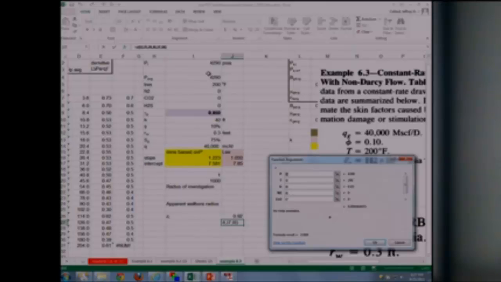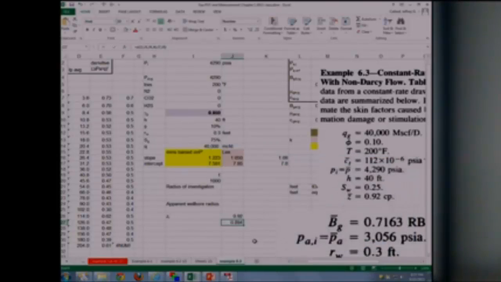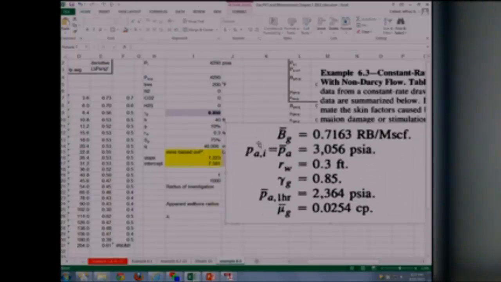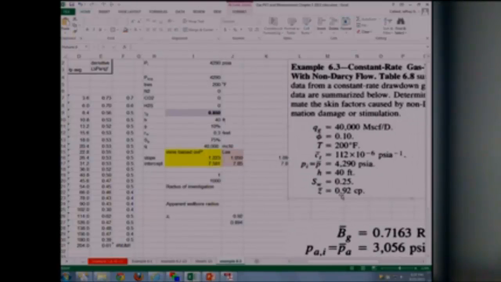At 4290, 200 degrees, gas gravity 0.85 and 0 impurities, I'm getting 0.89. That's what I'm getting. But they're telling us that it's 0.92. But there's some kind of typo here because they got a centipoise. Let's just ignore it.